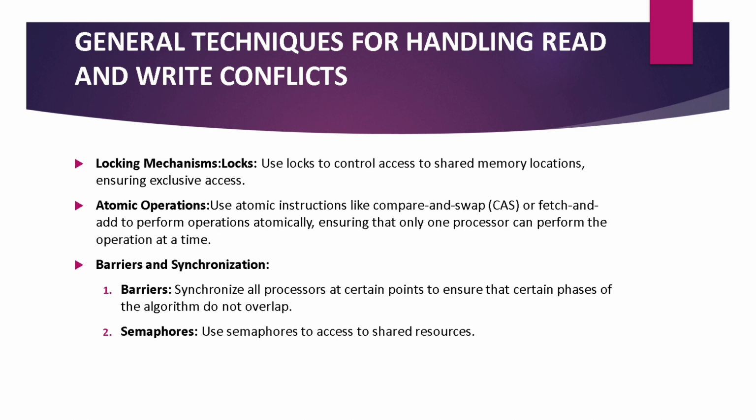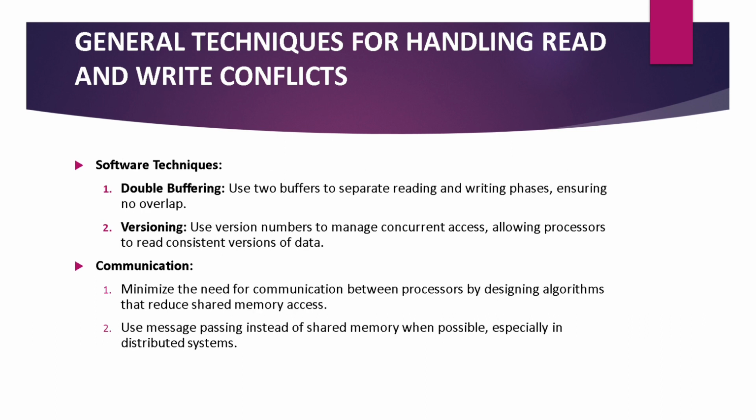Using barriers and synchronization, it synchronizes all processors at certain points to ensure that certain phases of the algorithm do not overlap, and it uses semaphores to control access to shared resources. Next is software techniques.